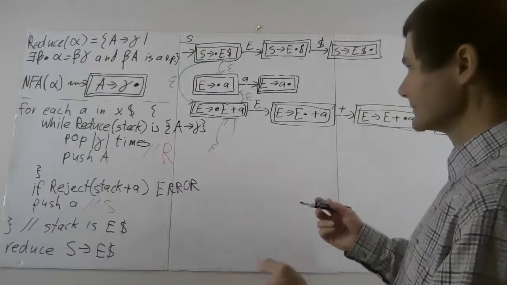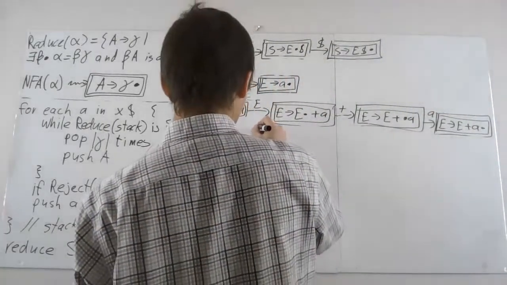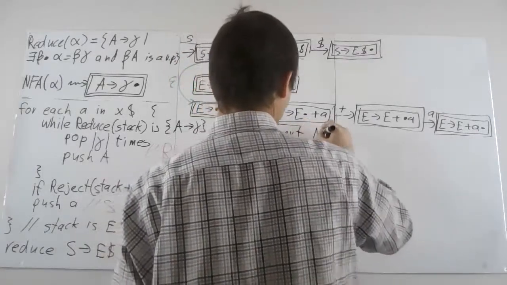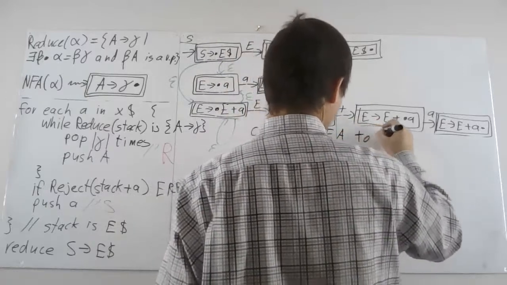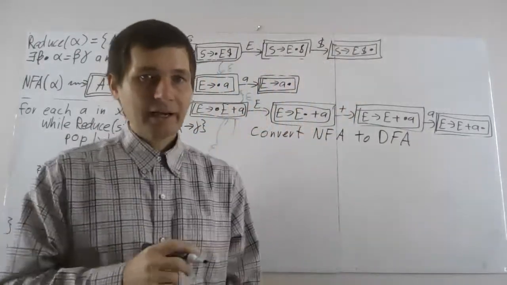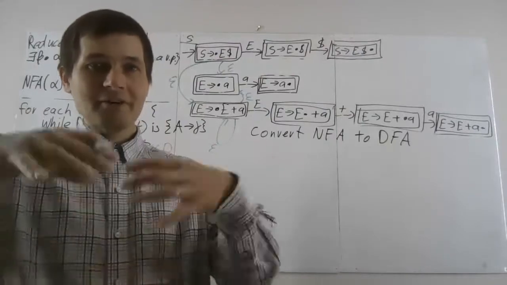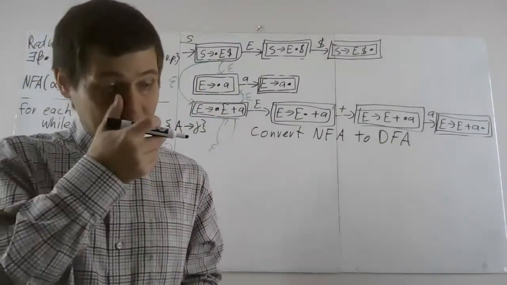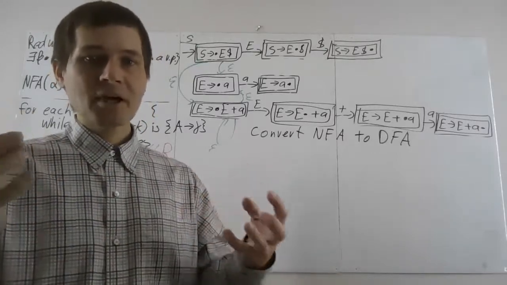So, all right, I'm going to say convert NFA to DFA. Now if I run the DFA, a state of the DFA corresponds to a set of states of the NFA that could ever appear simultaneously.